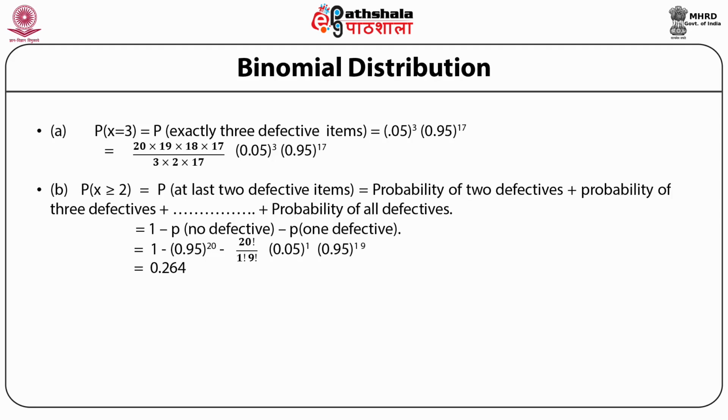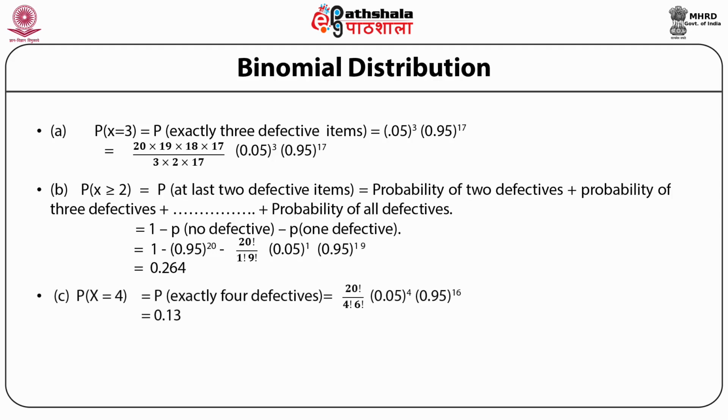So the probability of 2 defectives plus probability of 3 defectives and so on, up to all defectives. That means 1 minus the probability for x less than 2, that is x is 1 and x is 0. So 1 minus probability of no defective items minus probability of 1 defective item. This is the required probability for x greater than or equal to 2.